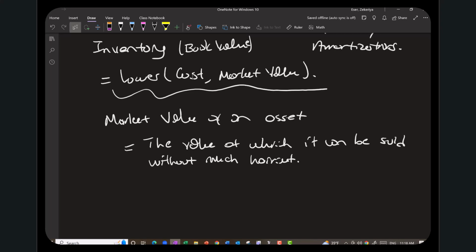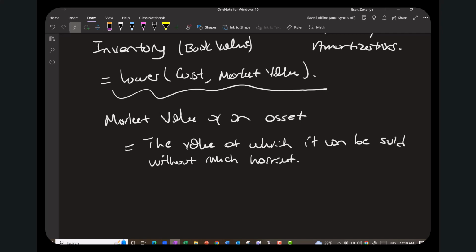For fixed assets, it is almost always the case that market value is greater than the book value, but not always the case. It's definitely the case for equipment that you had for a while, because it has been depreciated. For example, typically computers have a tax life of about 3 years. So within 3 years, you have written off most of the value.